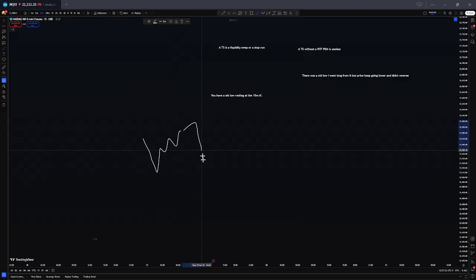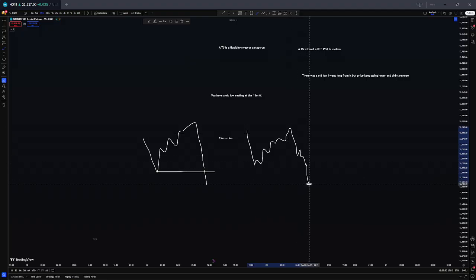Once we turtle soup the low over here, you will never enter over here. Okay, what you want to do is go from the 15-minute to the 5-minute time frame. It's the same thing, the same old low. Once we turtle soup it over here, it's the same thing on the 5-minute, right?